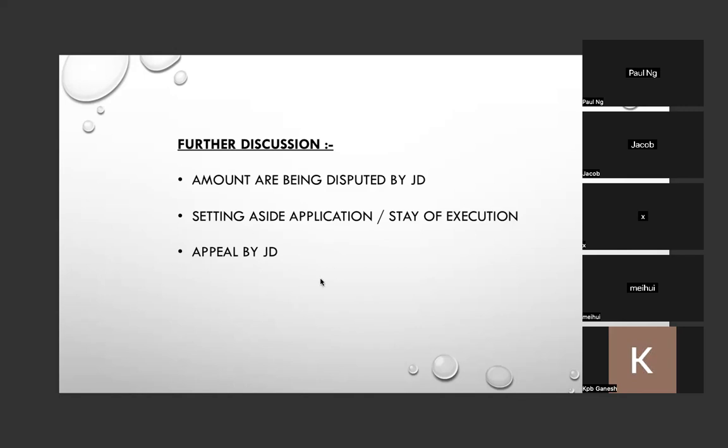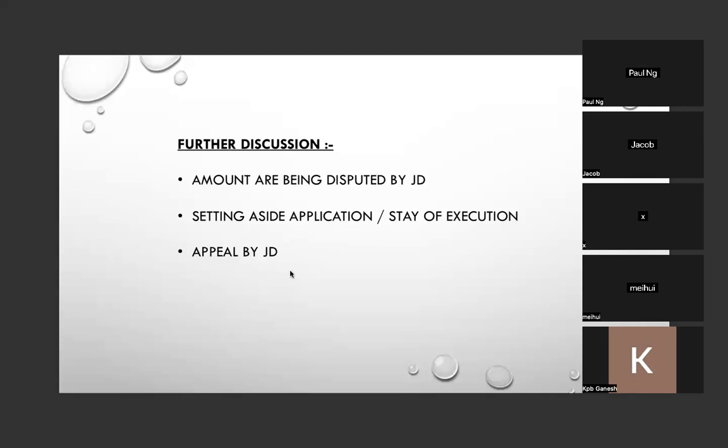When there is an appeal by the JD, okay? Usually, if let's say for a final judgment after trial, after submission, plaintiff has won the case, okay? And they have filed for a garnishee application. And while the garnishee application is being heard, the JD files an appeal to the higher court, okay?